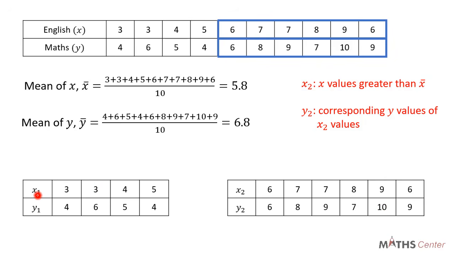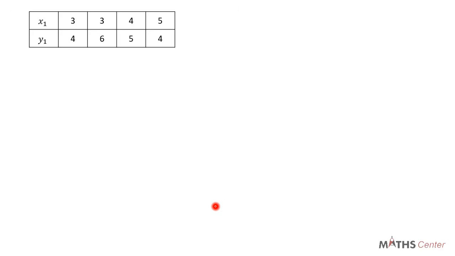Now that we have the x1 values, y1 values, x2 values, y2 values, we can find x1 mean, y1 mean, x2 mean, and y2 mean. These are our x1 values, y1 values. The mean of x1, that is x1 mean, will be, you add all the x1 values together and we divide it by their number. There are 4 in total, so we have 3 plus 3 plus 4 plus 5 divided by 4.